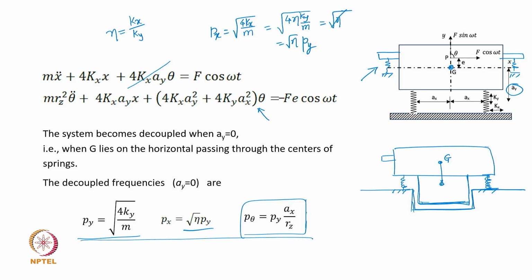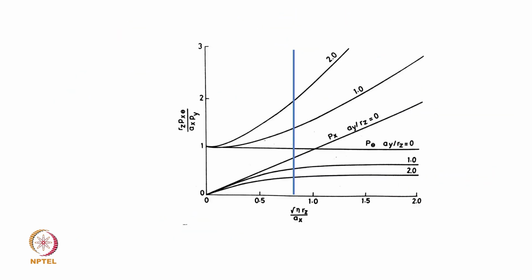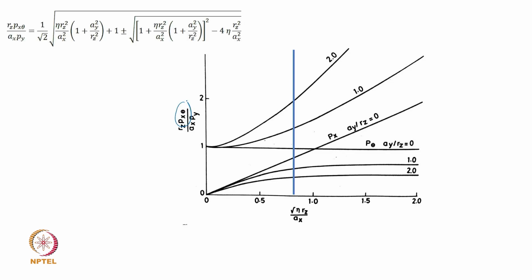All right, let's then plot this px theta, for which the expression has already been obtained by us. Px theta is giving you the two coupled natural frequencies, and what do you plot it with respect to?